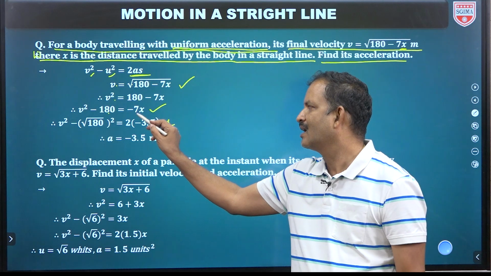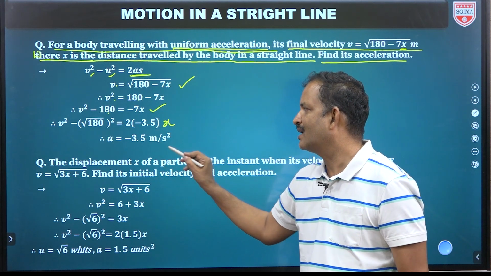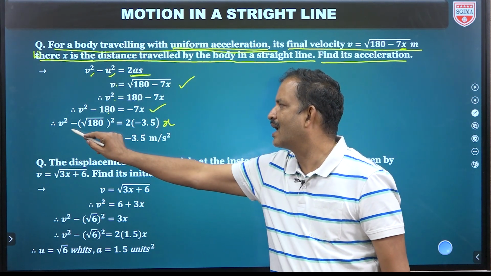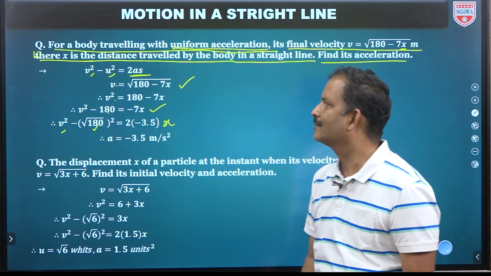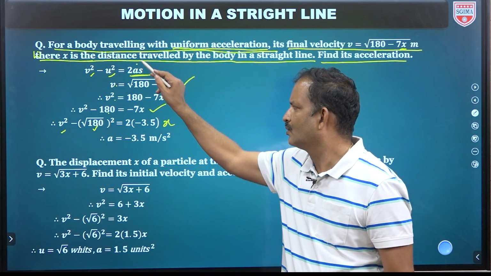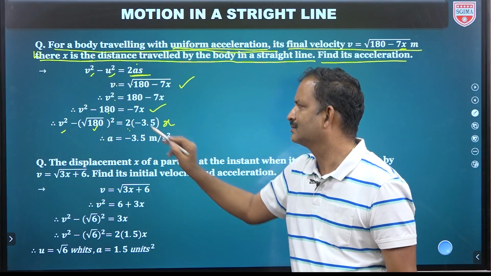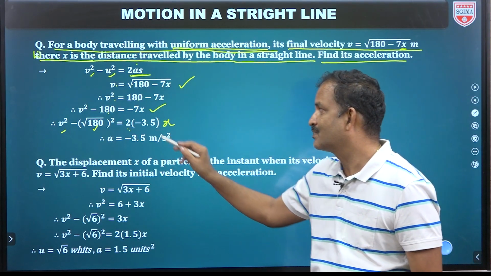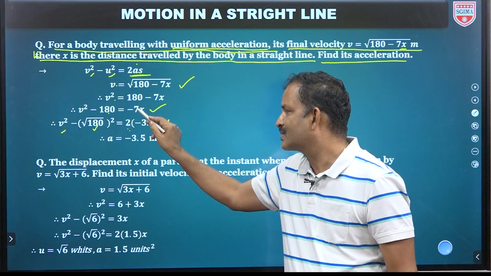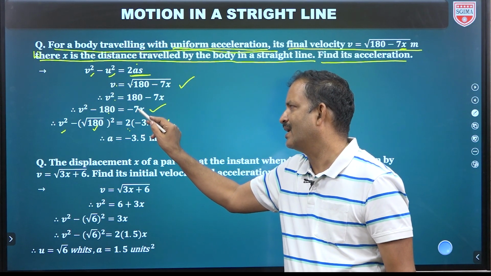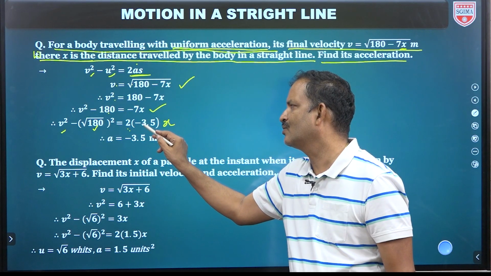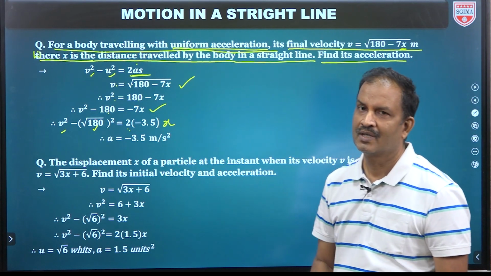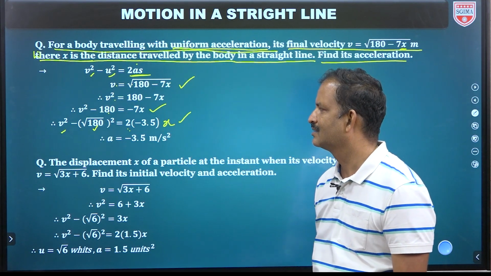Because I want to get this formula: V square, I have V square, U square, I have U square. 2 should be required. That's why I split this minus 7x as 2 into minus 3.5 into x.